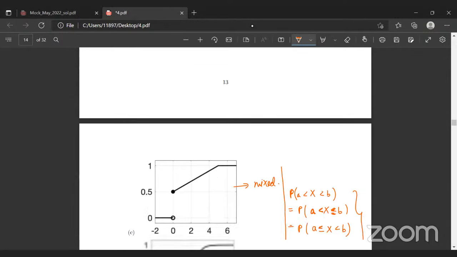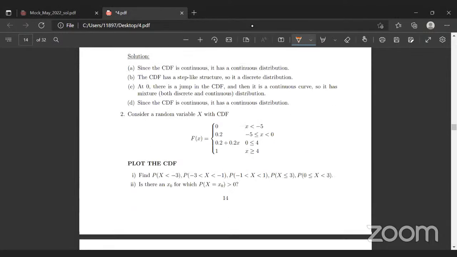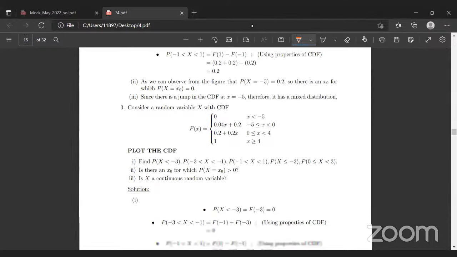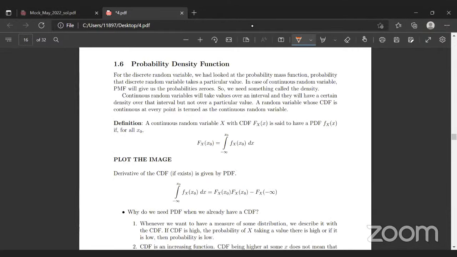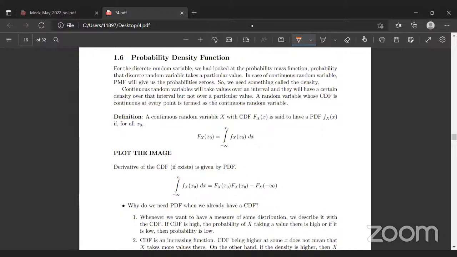Then after the CDF, we have something called the probability density function. In case of a discrete random variable x, we have something called the PMF, right? What was PMF?